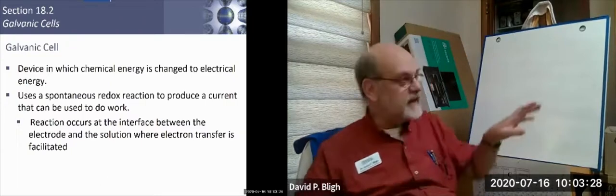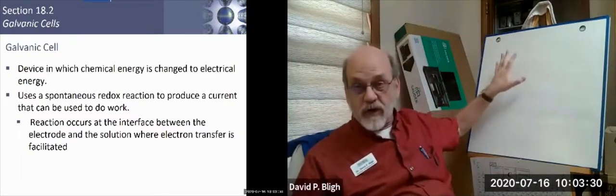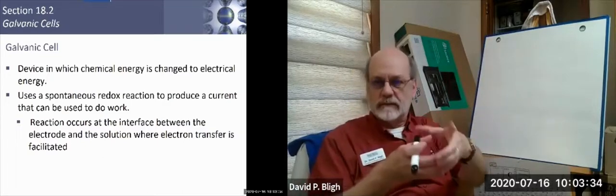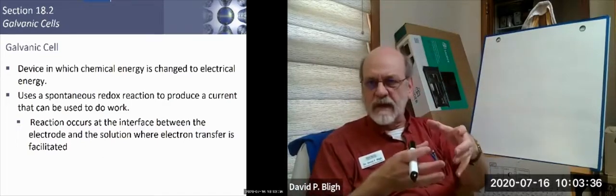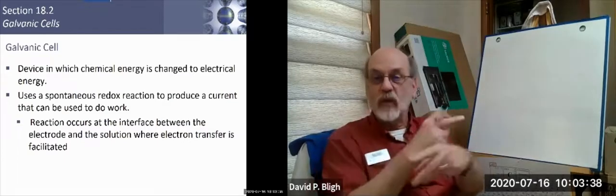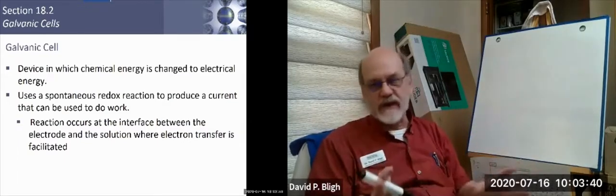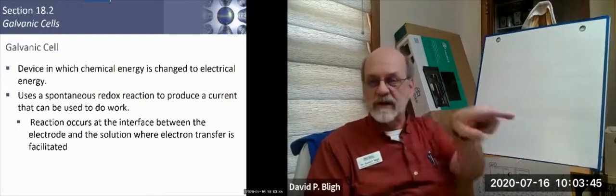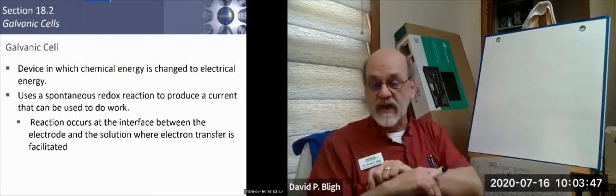In these reactions that we've described previously, everything was in the same beaker, and the electrons were transferring at will. We had no access to them. There was no way to extract energy from the movement of those electrons from one place to the other.